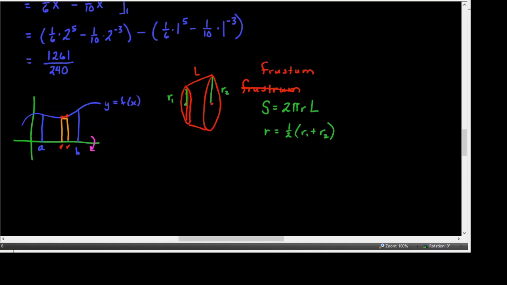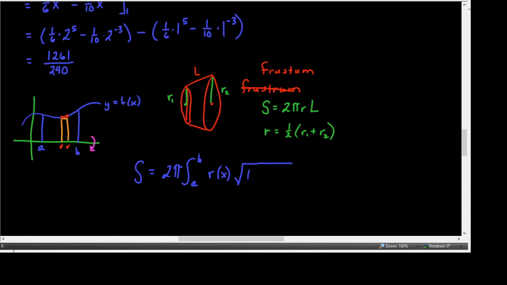Anyway, you can read through the development of the formula if you want to, and it ends up being this. Without any further ado, here we go. The surface area is 2 pi, go figure, times the integral from a to b of something that's measuring the radius of the frustum, times the length.